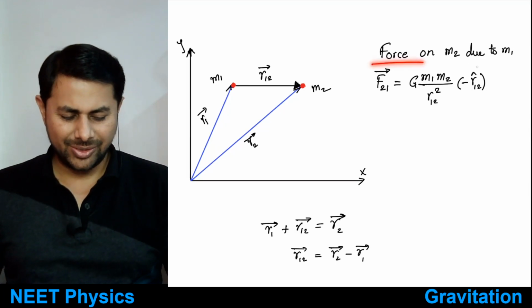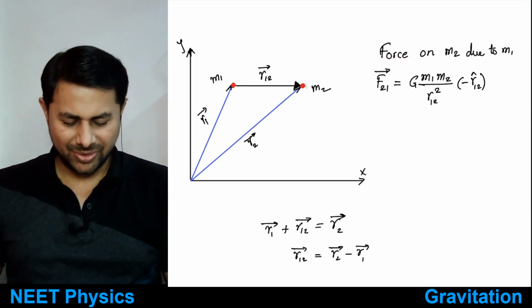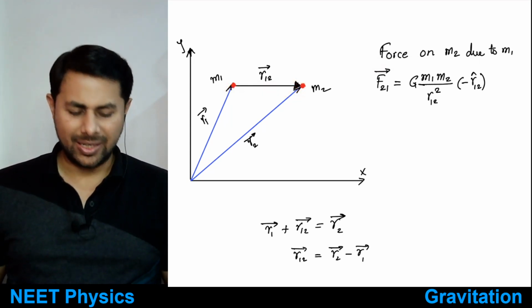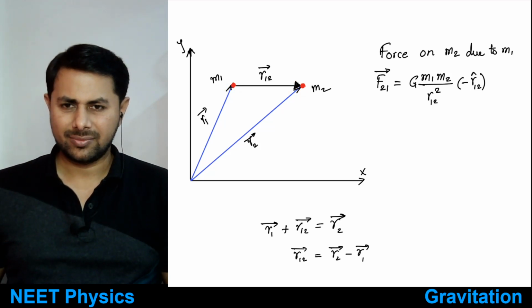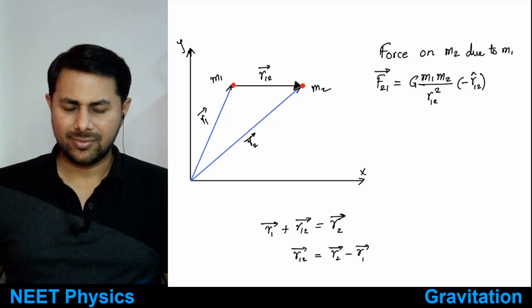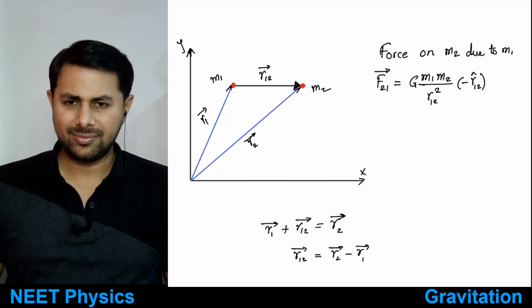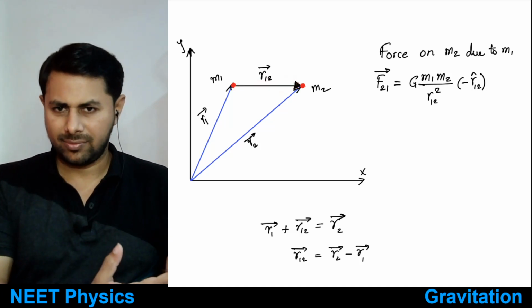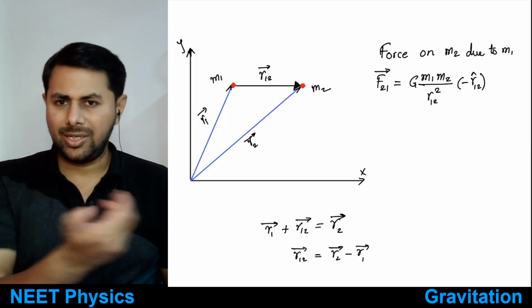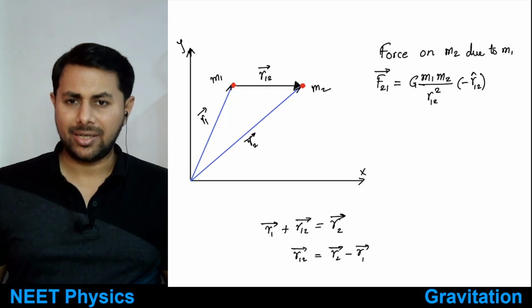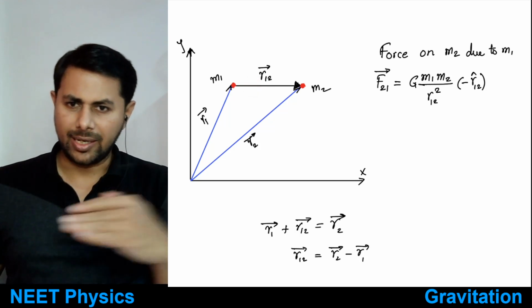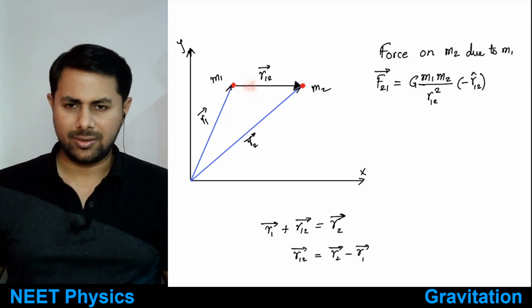So the force on m2 due to m1, will it be directed along r12 bar or in the opposite direction? It would be opposite, because if it were along that direction, that would mean m1 is pushing m2. Actually m1 is pulling m2. Gravitational force is always attractive, so the force should be directed in the opposite direction of r12 bar.